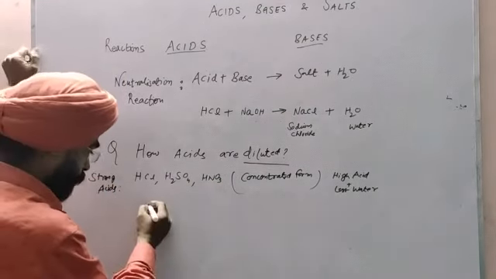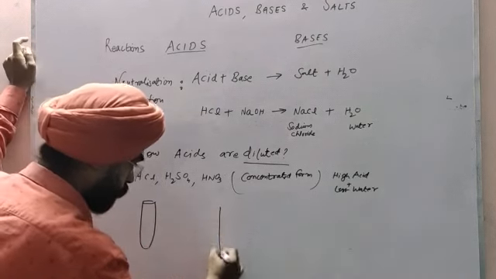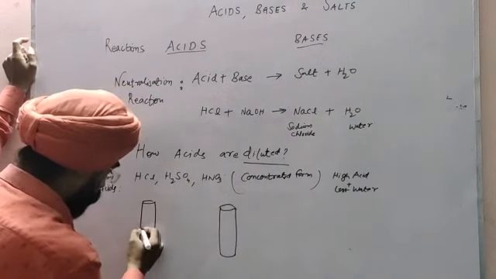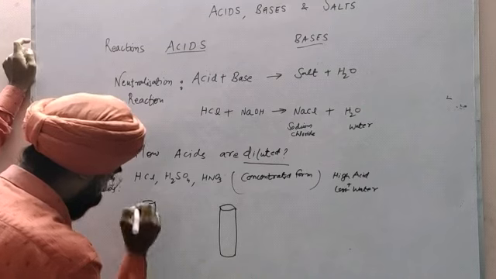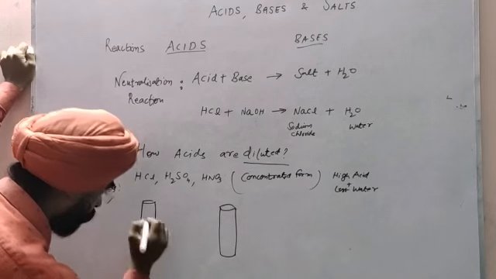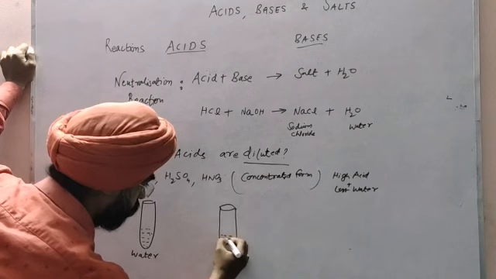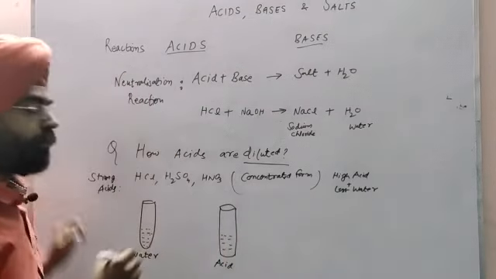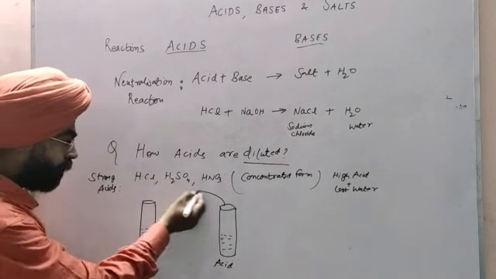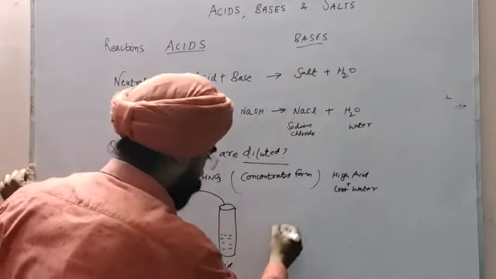So what happens, we take two test tubes. In the first test tube, what is the right method? We have to take water. This is water and this is acid. The right method is that we add this acid to the water, drop wise like this.